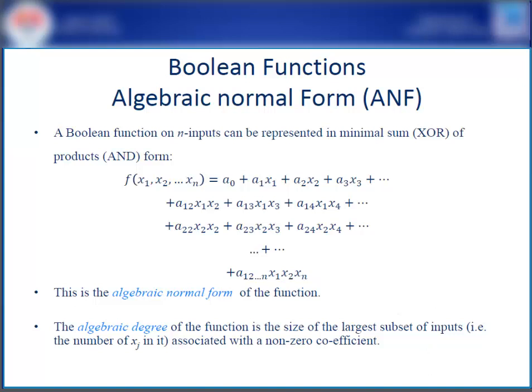The algebraic degree of a function is the size of the largest subset of inputs associated with a non-zero coefficient. So, for example, in this general algebraic normal form, if this coefficient is equal to 1, then the degree of the Boolean function is going to be n.